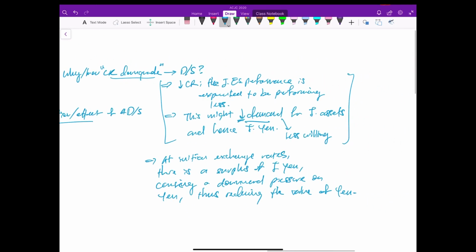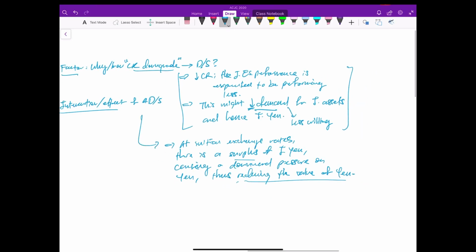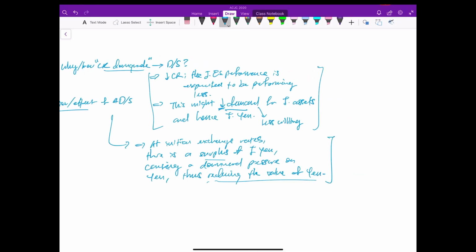You don't have to go through the detailed analysis of the price adjustment process, but you do at least have to mention that there is a surplus, and then this would lead to the reduction in the value of the yen. And this is the effect or the interaction, and this is your next mark. Together it forms 2 marks.